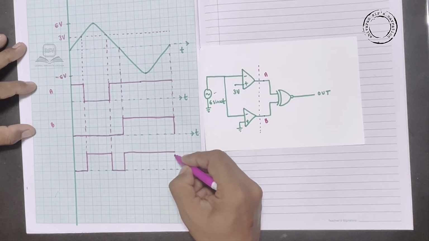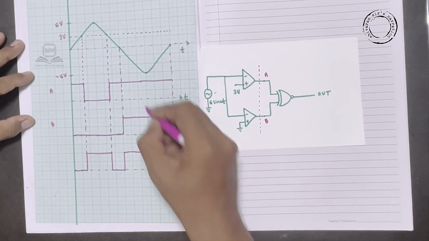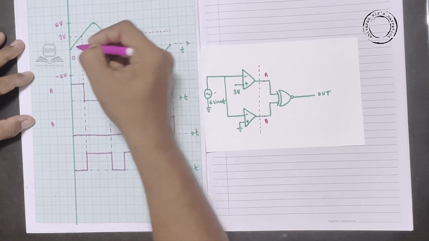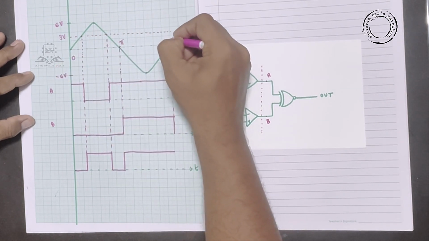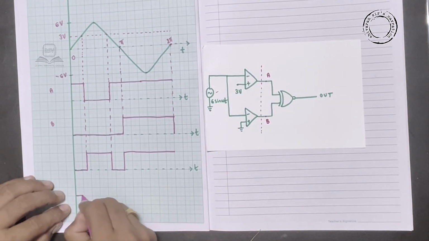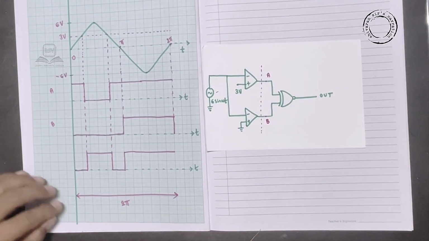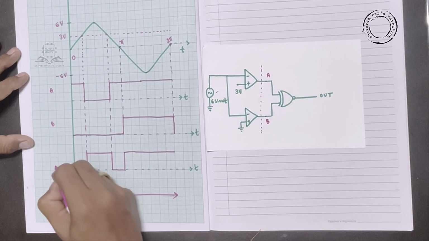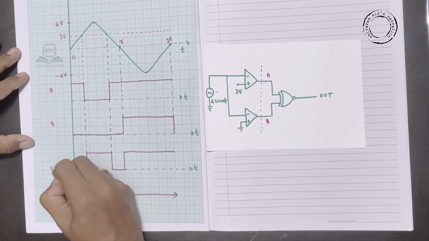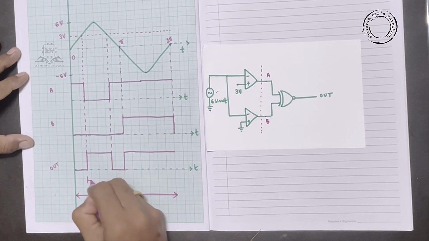Now for the entire time period, let's assume this is 0, pi, 2 pi, for a period of 2 pi. Again here the output is logic high in this time period.